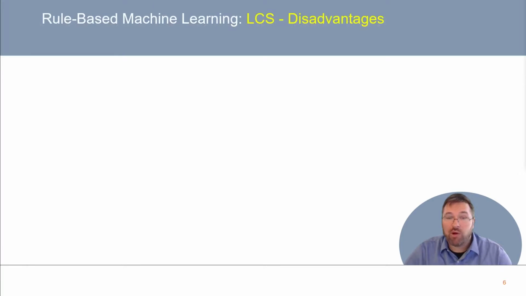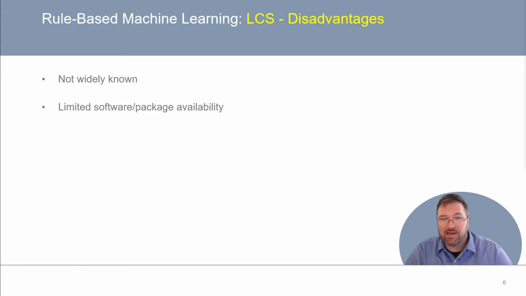effectively. However, on the downside, as I've already indicated, LCSs are not widely known, which unfortunately means there are very few people out there that use them or compare them to other machine learning algorithms in practice. Second, to date, there are relatively few LCS implementations available as software or in machine learning packages such as scikit-learn.